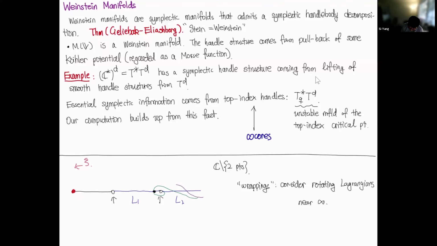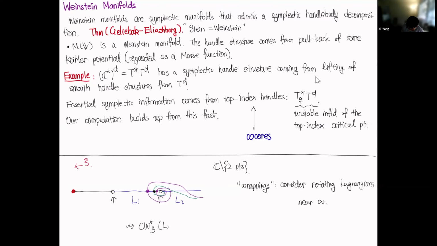You can rotate this twice, then you get two intersection points with L1, if you don't rotate L1. So you can imagine I rotate this infinitely many times, and then you have infinite intersection with L1. So a priori you get an infinite collection of generators.